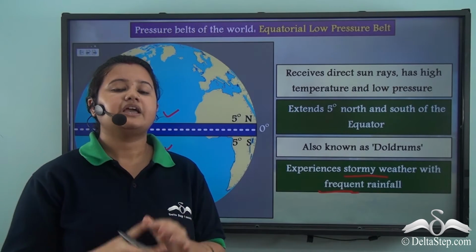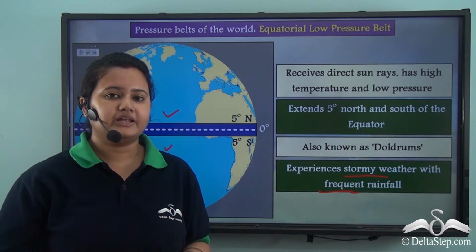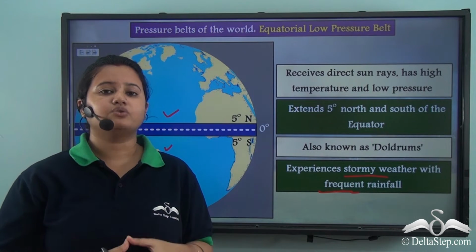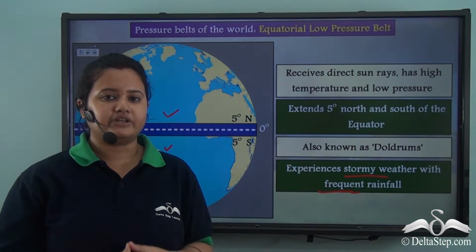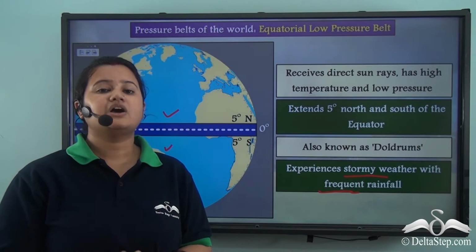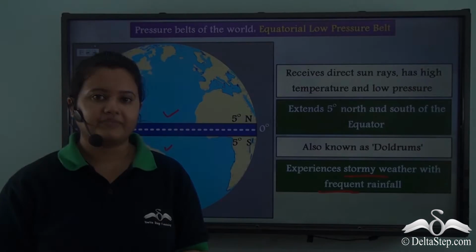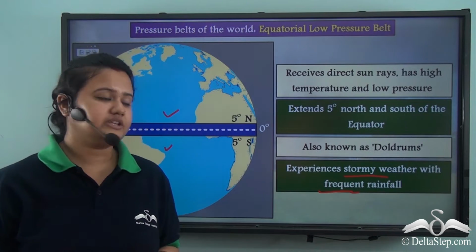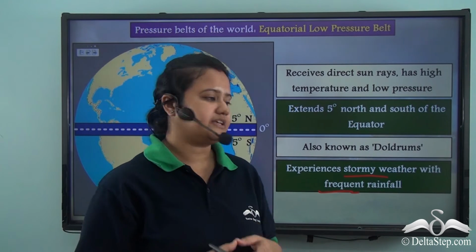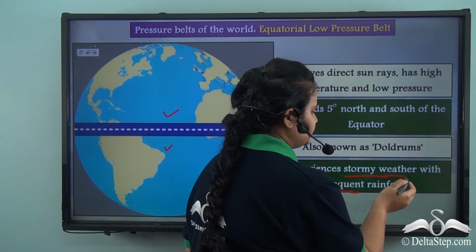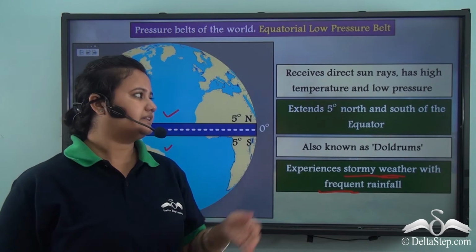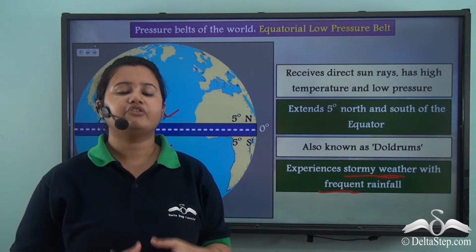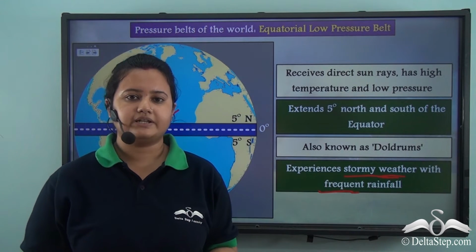Apart from this, the equatorial low pressure belt is the convergence zone of two types of winds. We will discuss this while studying winds. Due to the convergence of the two types of winds, the equatorial region experiences stormy weather. So, these are the important characteristics of the equatorial low pressure belt.